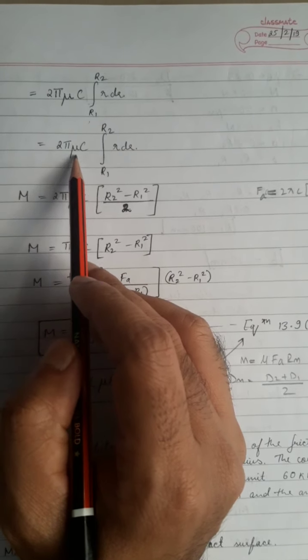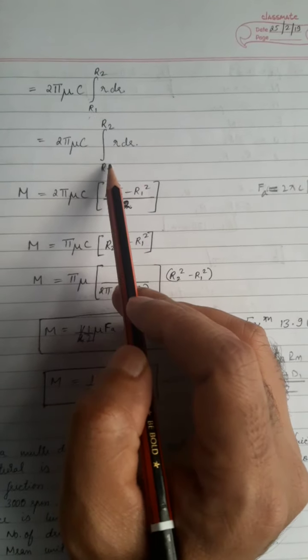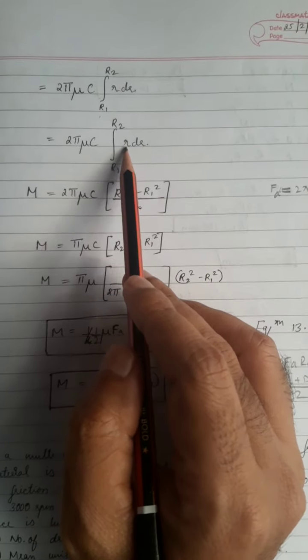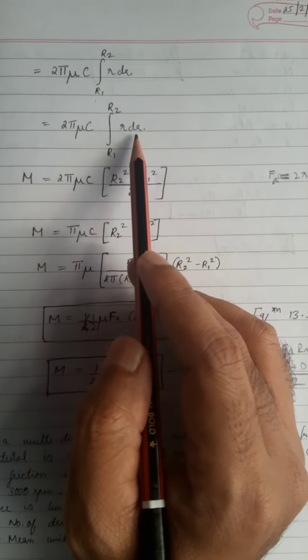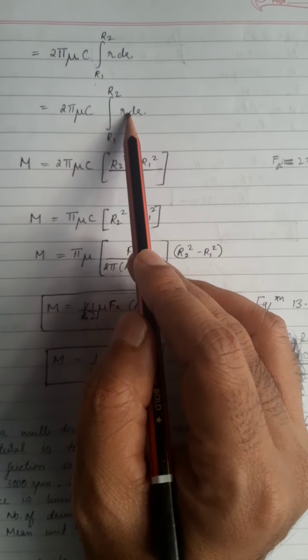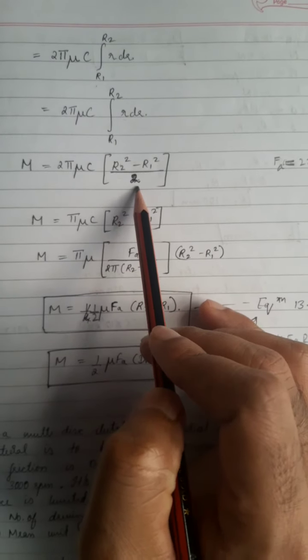Next, the integration of R dr we know is r square by 2. So applying the limits, we get (r2 square minus r1 square) divided by 2.